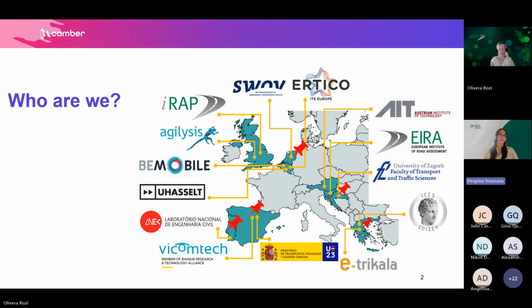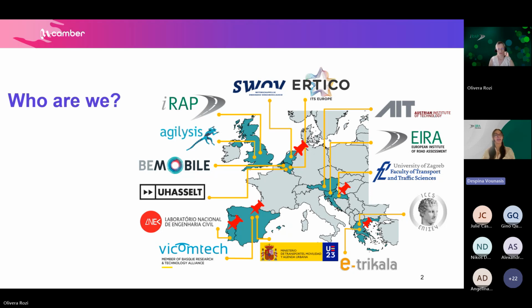The solutions from the Camber project, which will be developed, will be tested in pilot locations, as you can see. That's Portugal, Cascais region, Greece, Trikala region, Croatia, North Holland in the Netherlands, and Spain.